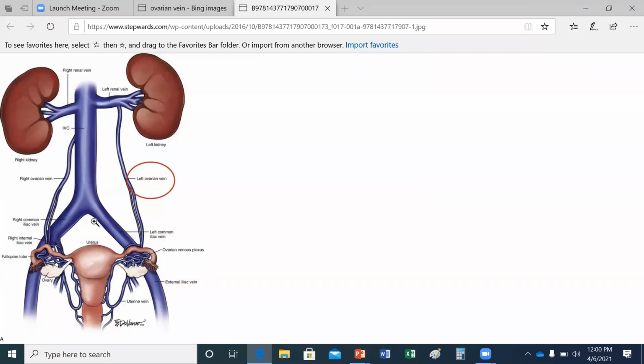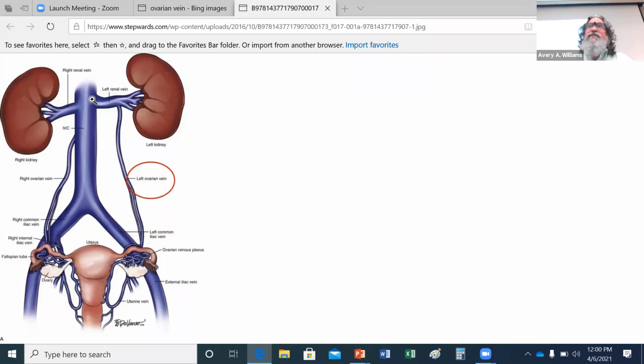But on the left side, blood doesn't go into the inferior vena cava, it goes into the left renal vein. And then from the left renal vein, it goes into the inferior vena cava.